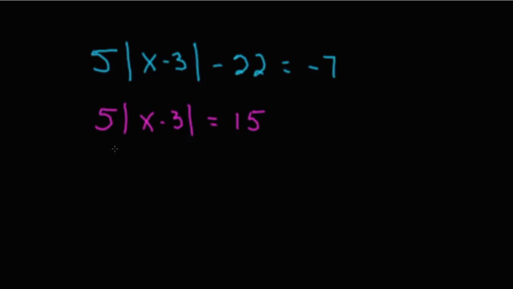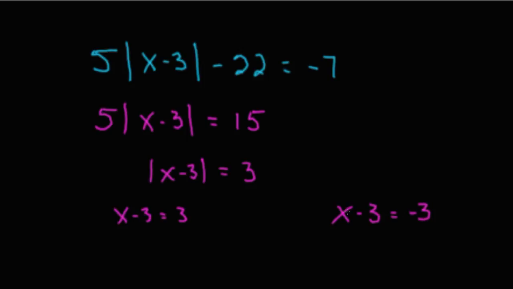Now we can simplify it even more. The absolute value of x minus 3, if we divide both sides by 5, is equal to 3. Well, now we have enough to work with it just like we did before. We have to consider when x minus 3 equals 3 and when x minus 3 equals a negative 3.